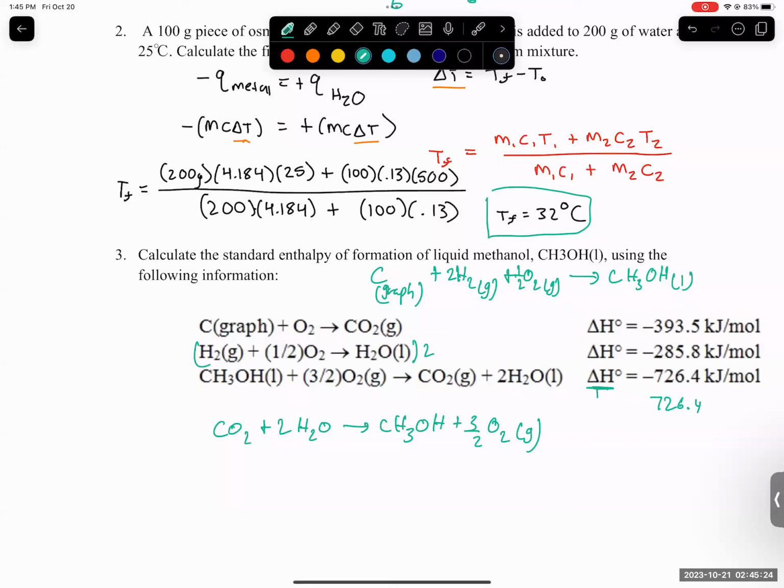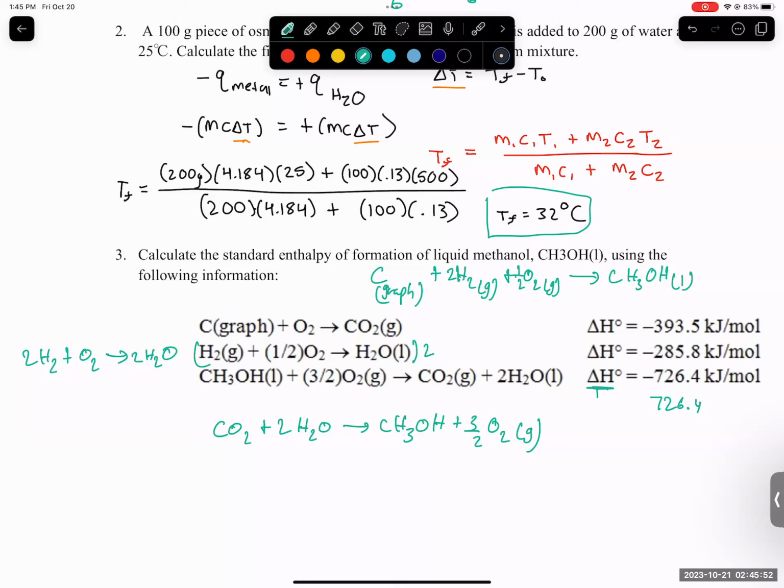What I mean is the second equation has to get multiplied by 2. So we have here 2H2 plus 1/2 times 2, that's 1, O2. I'm being lazy here and not writing out the states, but you definitely should write out the physical states. 2H2O. All right. So we have most parts of our equation sorted.